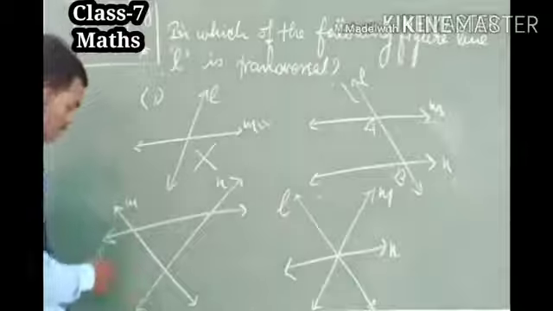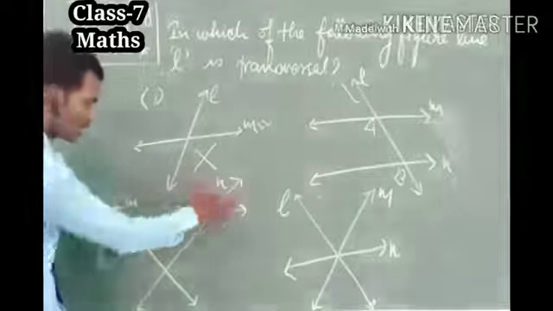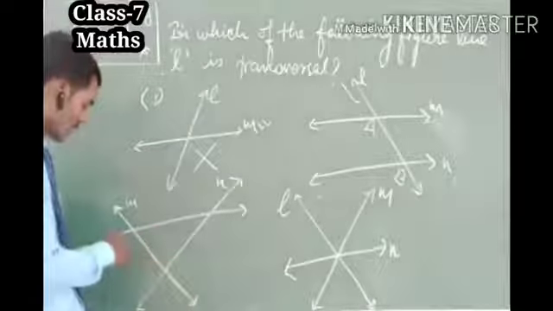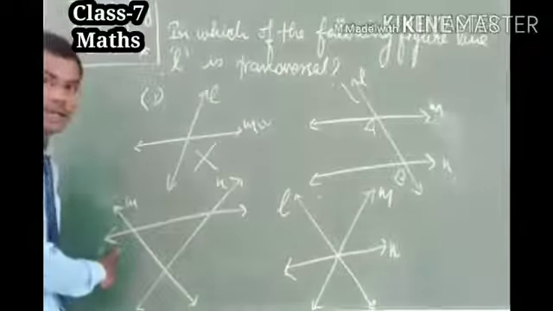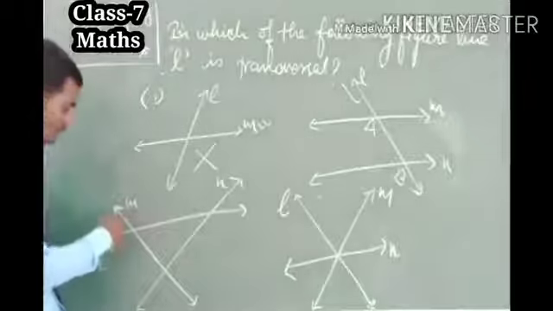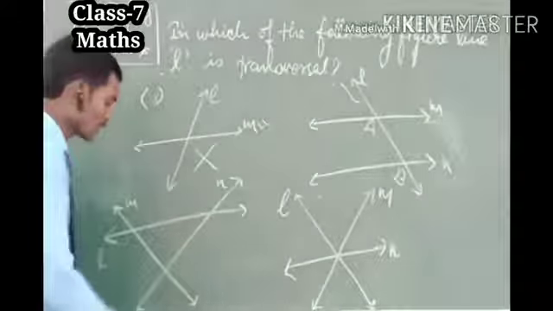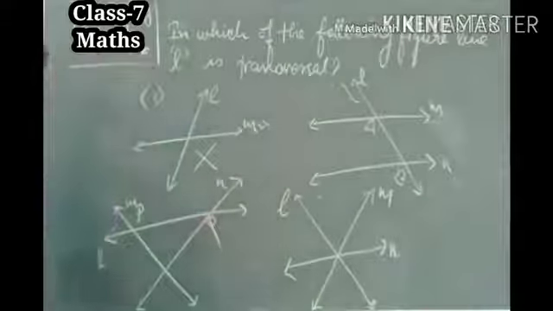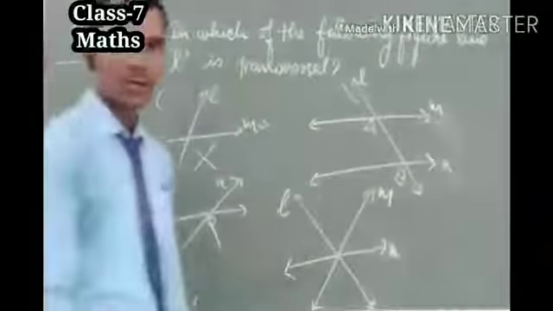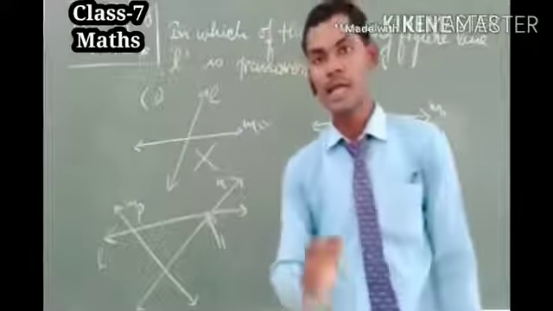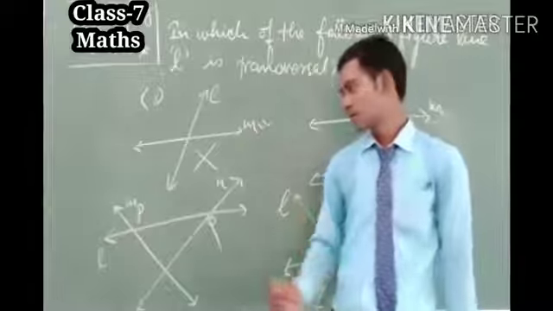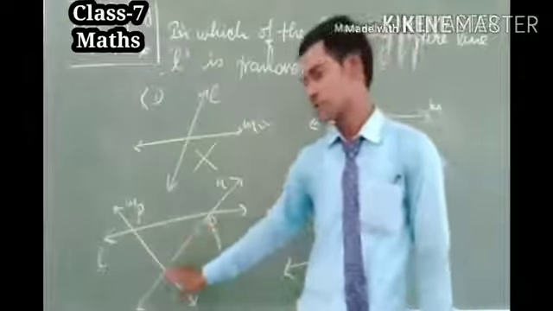In the third case, the lines M and N are given, two lines, and the line L intersects the lines M and N at different points P and Q. According to the definition, when a line intersects two or more lines at different points, it is known as the transversal line.